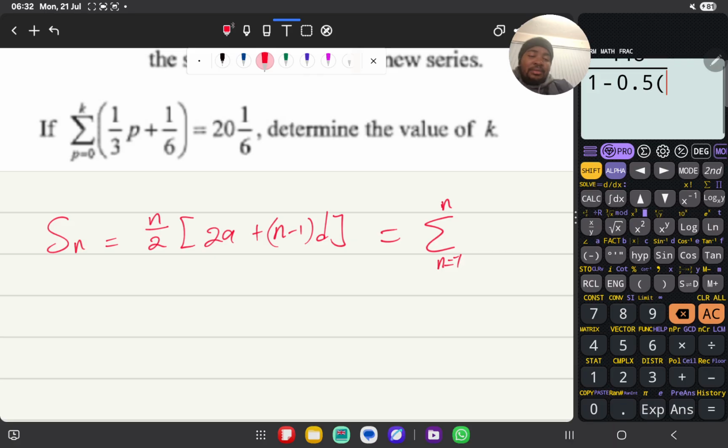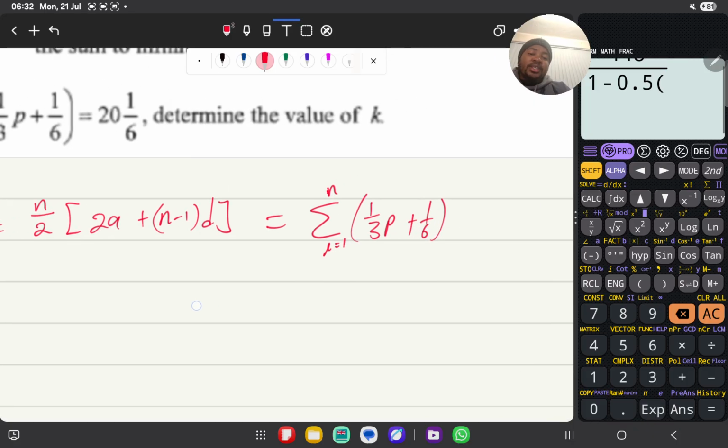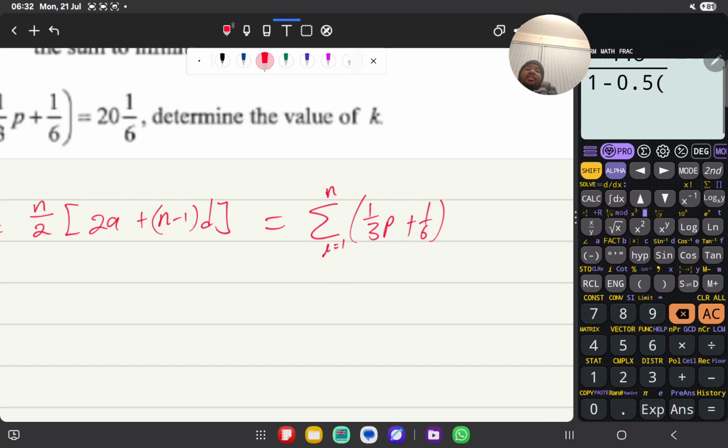It doesn't make sense when I write it like this, so let me say i equals to 1. So you're starting from 1 up until n, adding all these values, and then here you'd have your function. I'm guessing that will be 1 over 3p. Let's just assume this is the general rule inside our summation sign.